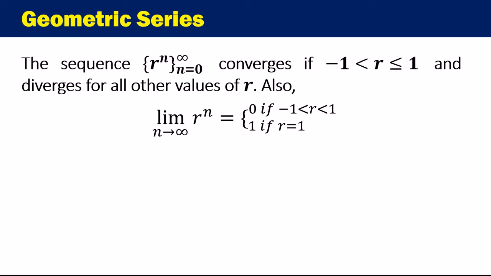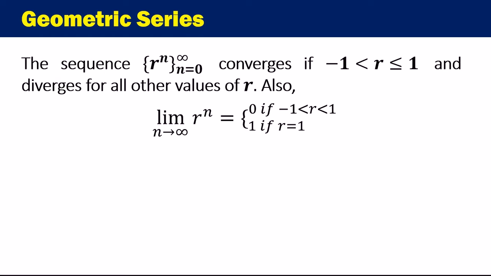Also, the limit of r raised to n as n approaches infinity is equal to 0 if r is greater than negative 1 but less than 1, and 1 if r is equal to 1. However, note that we can't let r equal 1 since this will give division by 0.